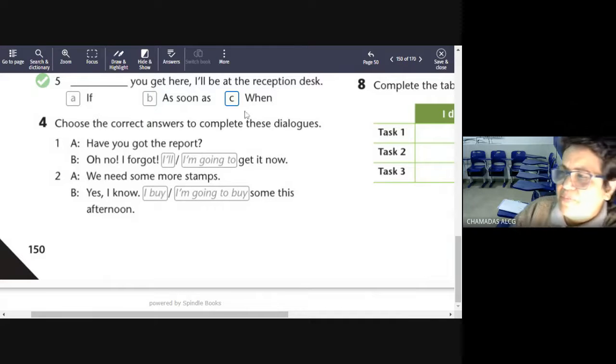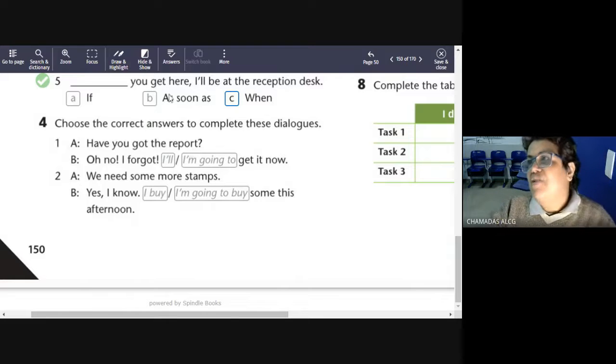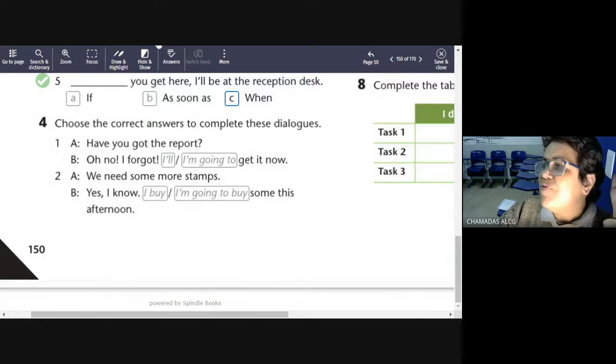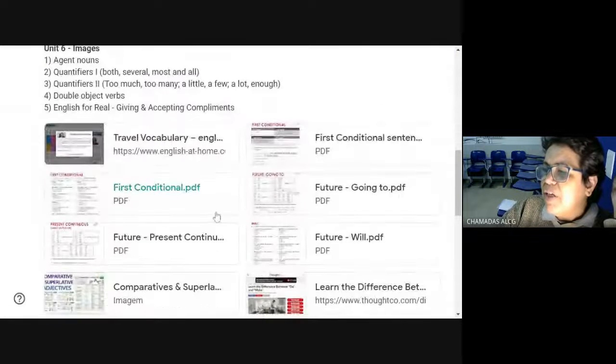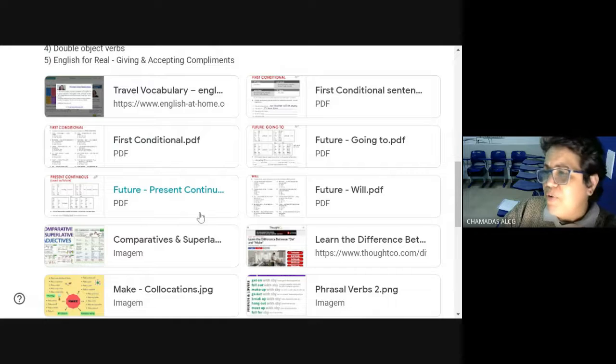Pay attention. When do we use will and when do we use going to? Let's see the difference. Let me see if I have, just a moment, here in Google Classroom, the contrast between will and going to.